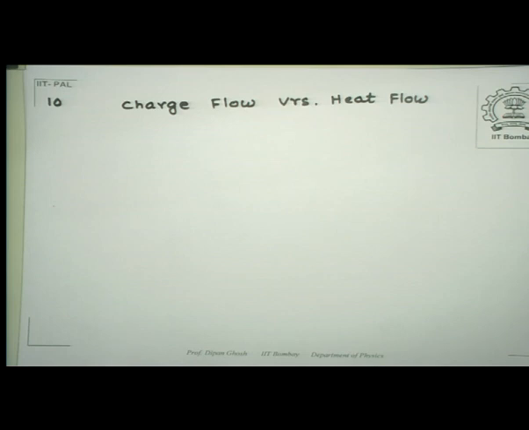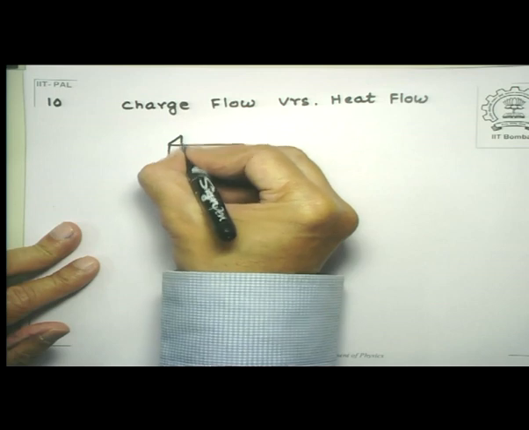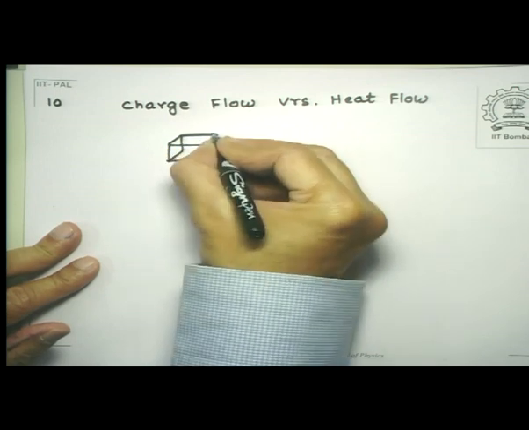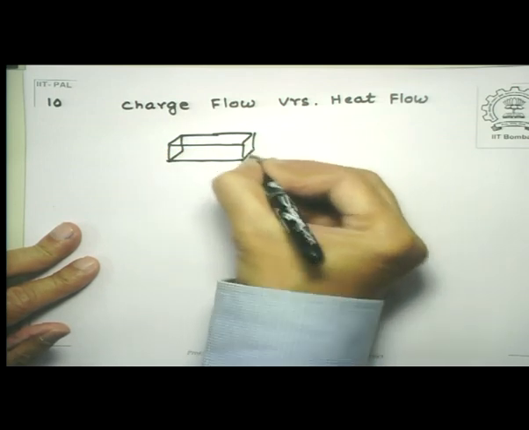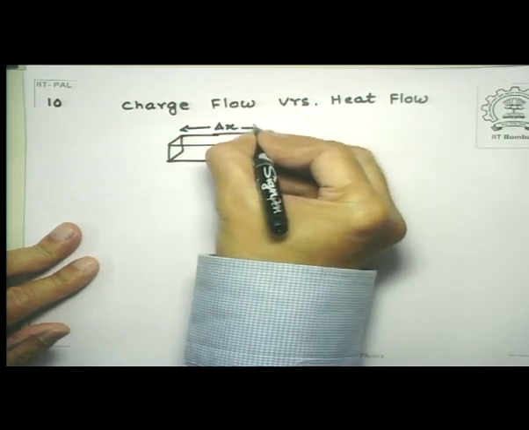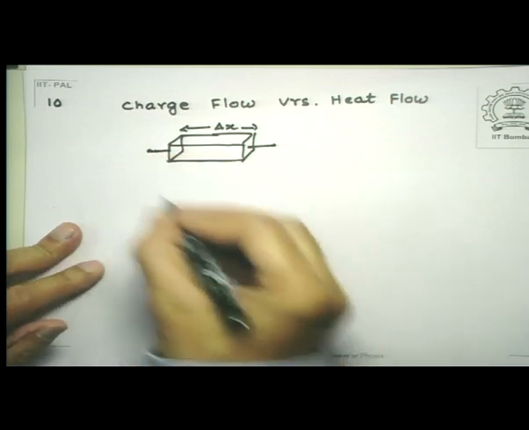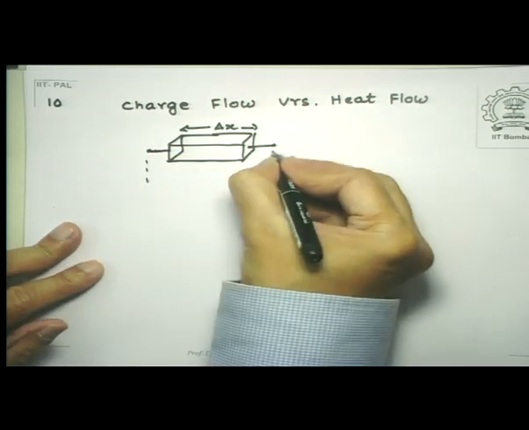Now, you will realize that the similarity is a lot more striking here. And let us again talk about a sample, and suppose that I have a sample of length delta x, and suppose across this I apply a potential difference of delta V.